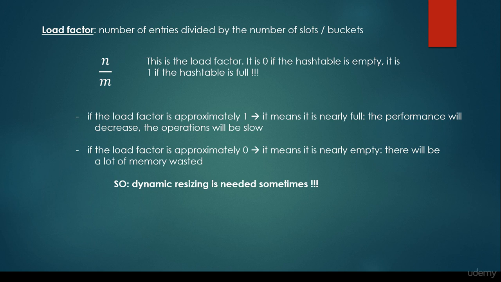If the load factor is approximately 0, it means that the data structure, so the array, is nearly empty, so there will be a lot of memory wasted. And basically this is what I've been talking about, that there's a trade-off between memory waste and operations running time. If we waste memory in the sense that the array is nearly empty, then there will be no collisions.